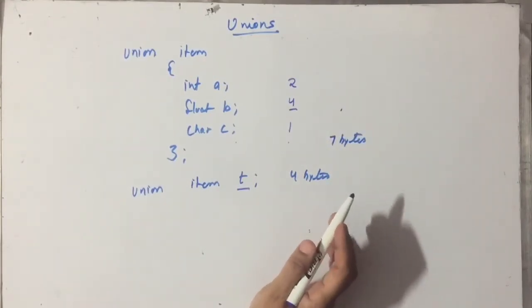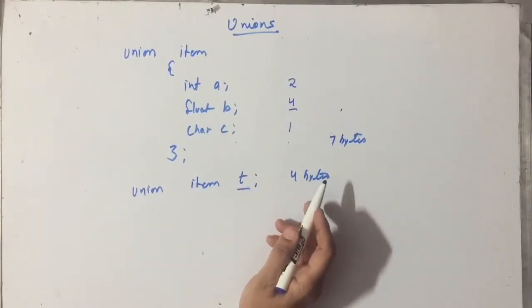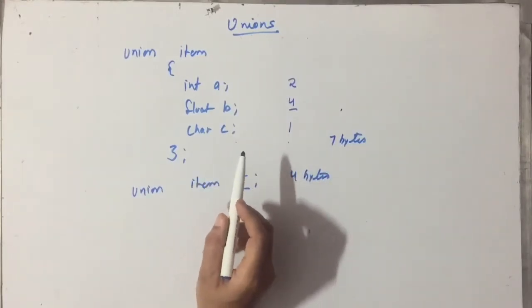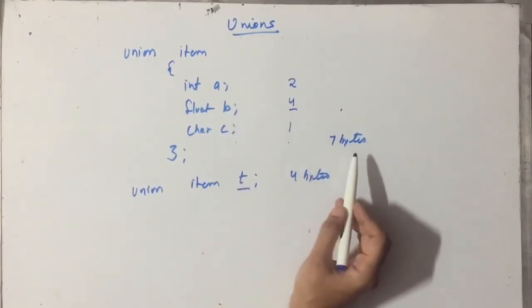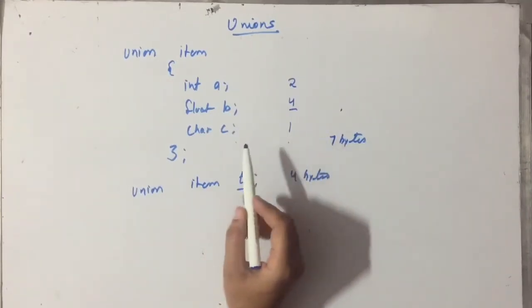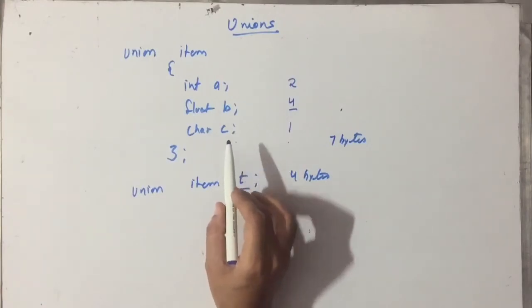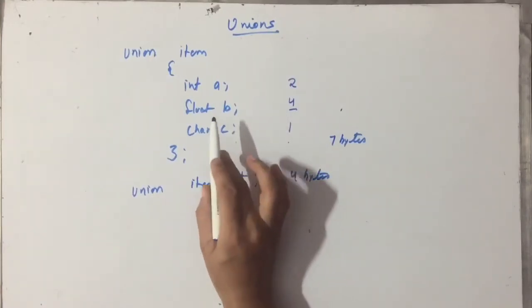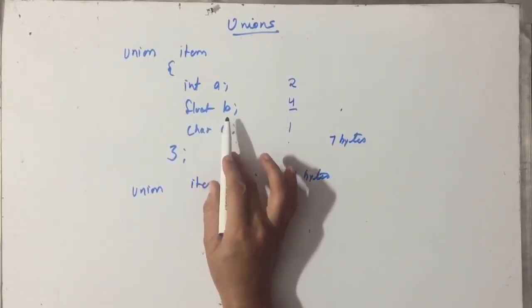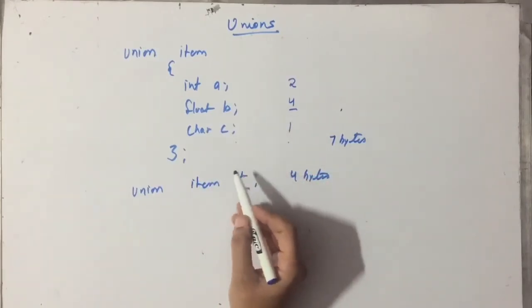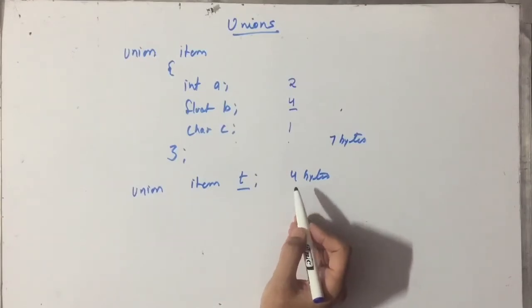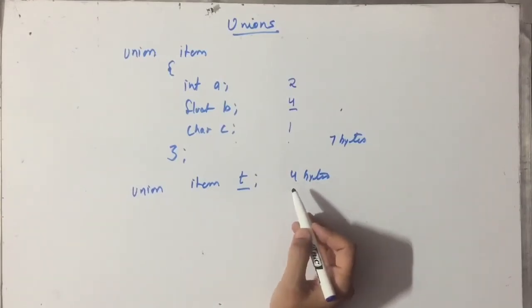It is now clear from this explanation that when we declare a structure, memory is allocated to each of its individual member variables. But in case of union, the member variable with the maximum size determines how much memory is allocated, and other member variables share that common memory space.